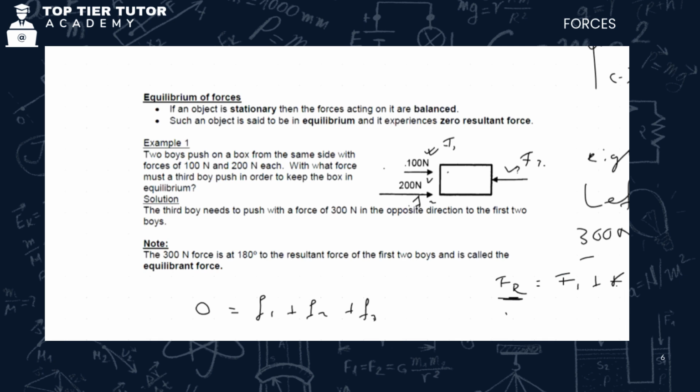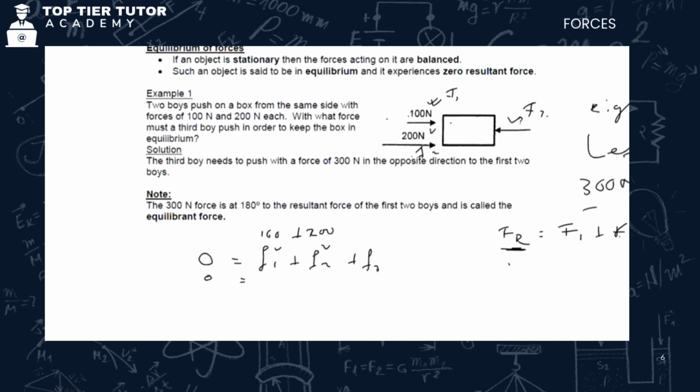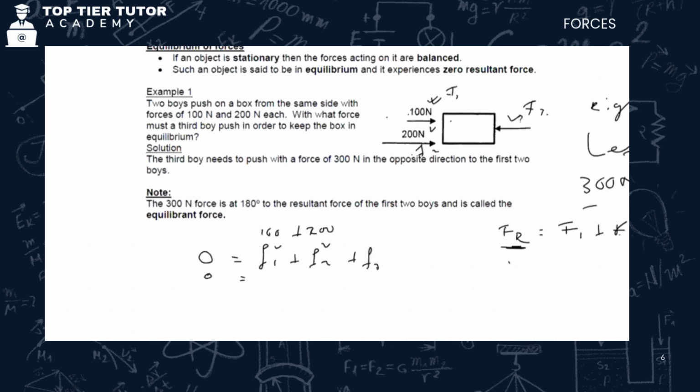If we substitute in the values of F1 and F2, we will get 100 plus 200, and it would get us to that point where we said we would have then 300 plus F3. Now we're going to move the 300 to the left-hand side, so it would say that F3 is minus 300 newtons.